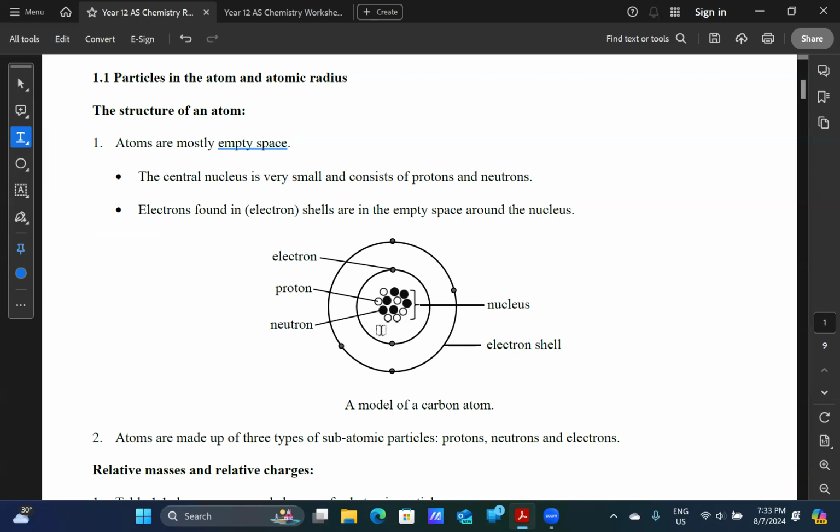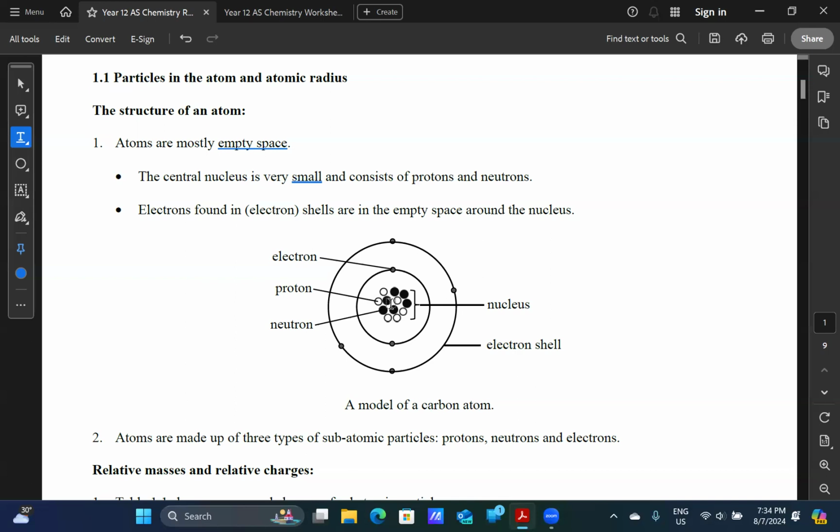The middle part, the center of the atom, is the nucleus. Outside the nucleus is the empty space. And how do we describe the size of the nucleus? We use the word small. The size of the nucleus is very small. The word very small, same as tiny.